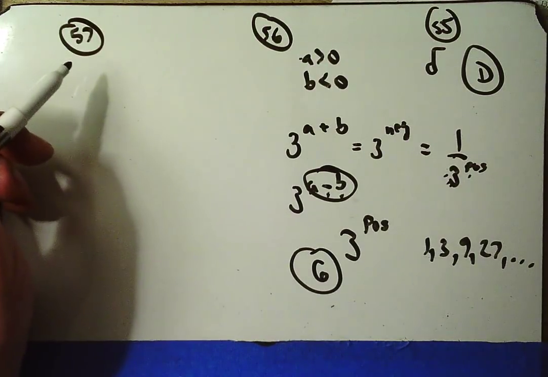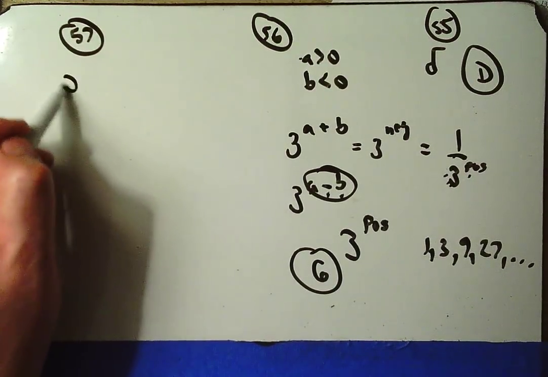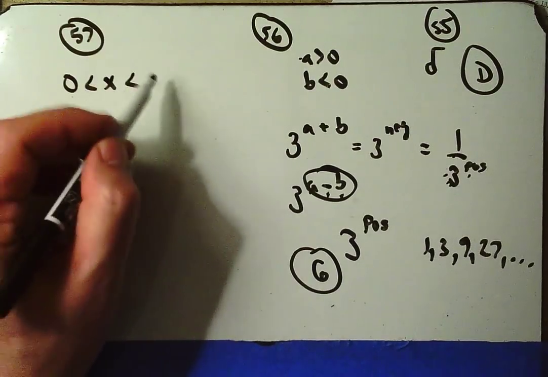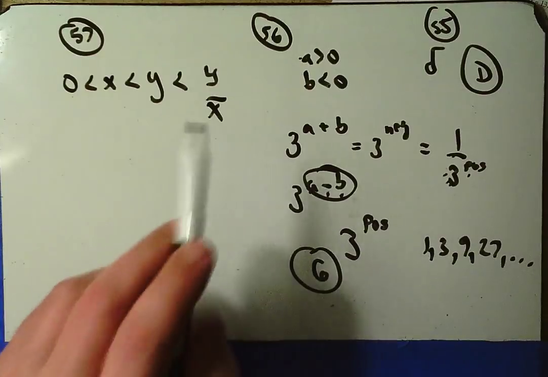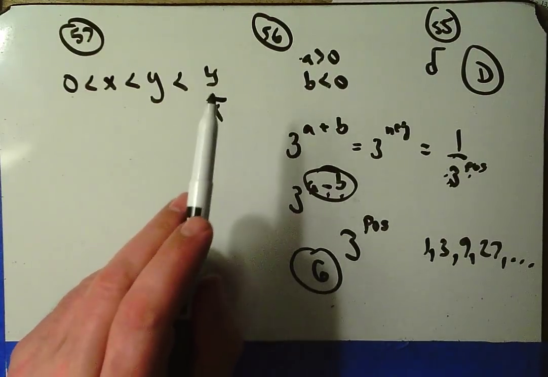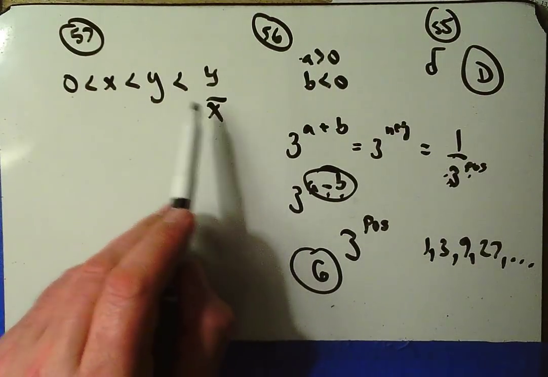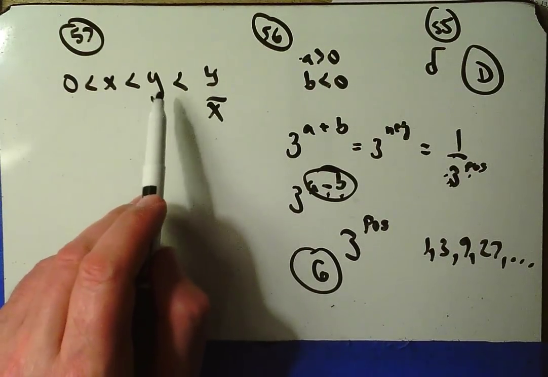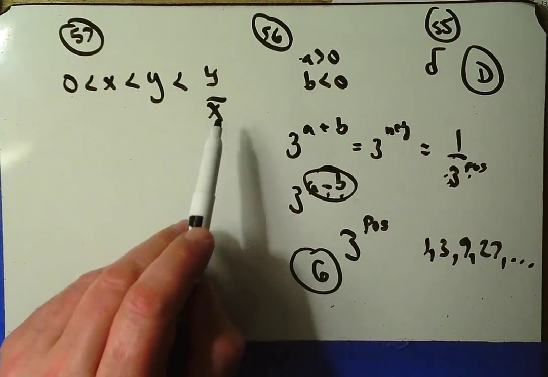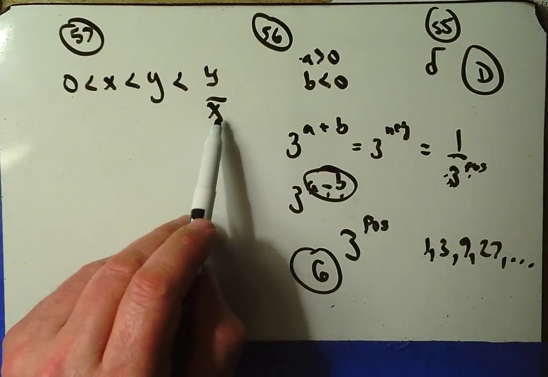57. Let's see. x, y are real numbers such that y over x is greater than y. Now, that's interesting because in order for y over x to be bigger than y, we know that x has to be smaller than 1.